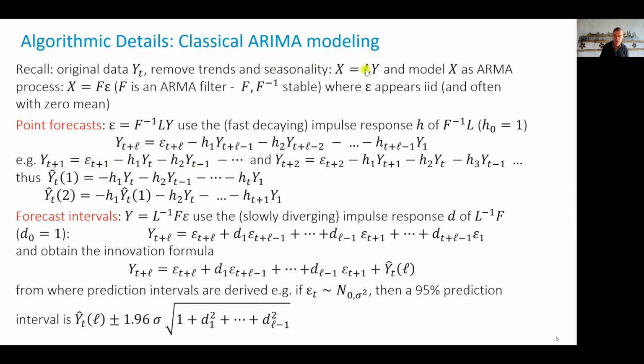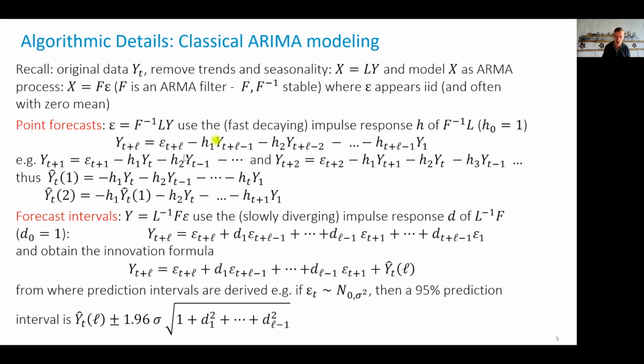After many steps of differencing, typically we obtain noise that is zero mean. It's not always the case. If it's not the case, we need to add the mean. But here I'm assuming it's the case. Therefore, the prediction of epsilon t plus 1, or in more precise terms, the conditional expectation of epsilon t plus 1 given all the past, is equal to its expectation, because epsilon is an IID sequence.